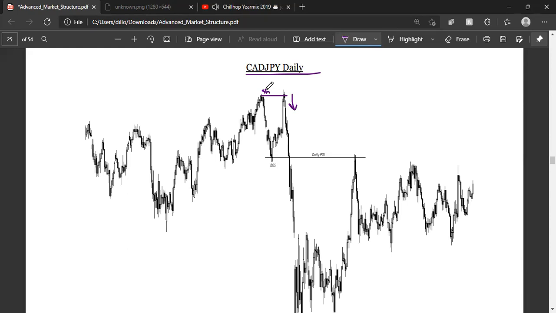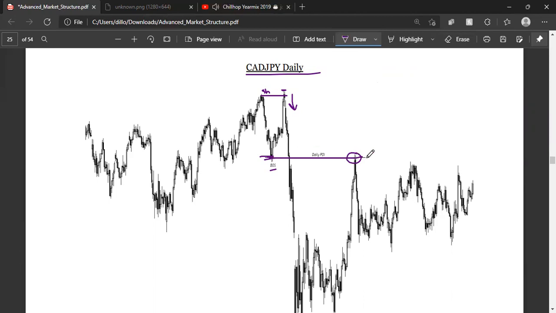Just barely. Well, this is on the daily, so this could probably be over 10 pips. But anyway, after we just breached this high, the market fell extremely aggressively to the downside, breaking structure here, right? Breaking this structure.